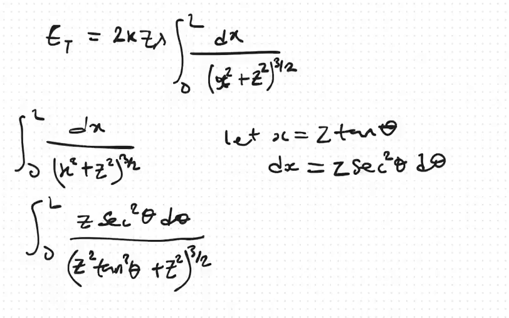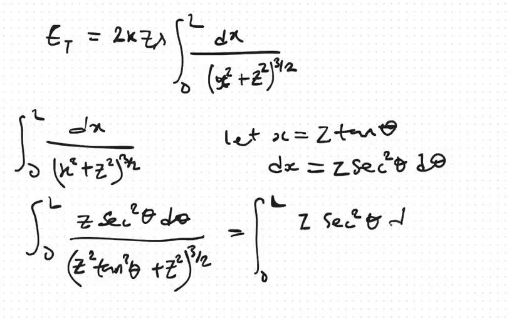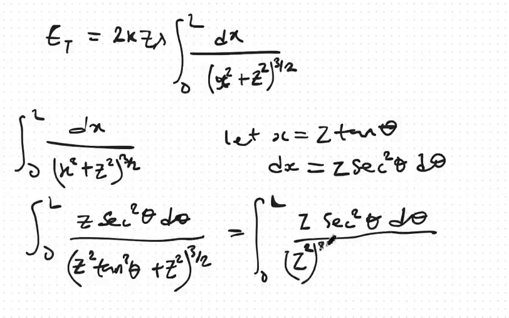Let's take z outside. Then this is equal to the integral from 0 to L of z sec squared theta d theta, and if we take out z, this is z squared to the power 3/2 times tan squared theta plus 1, to the power 3 divided by 2.